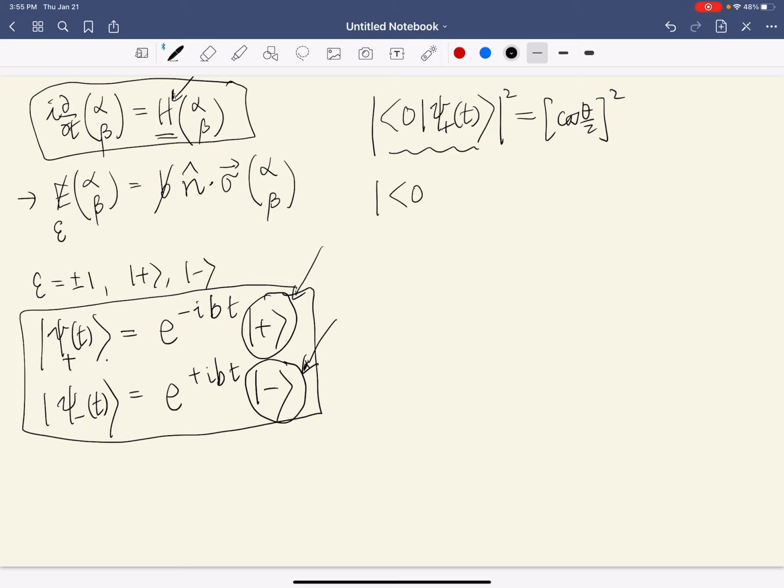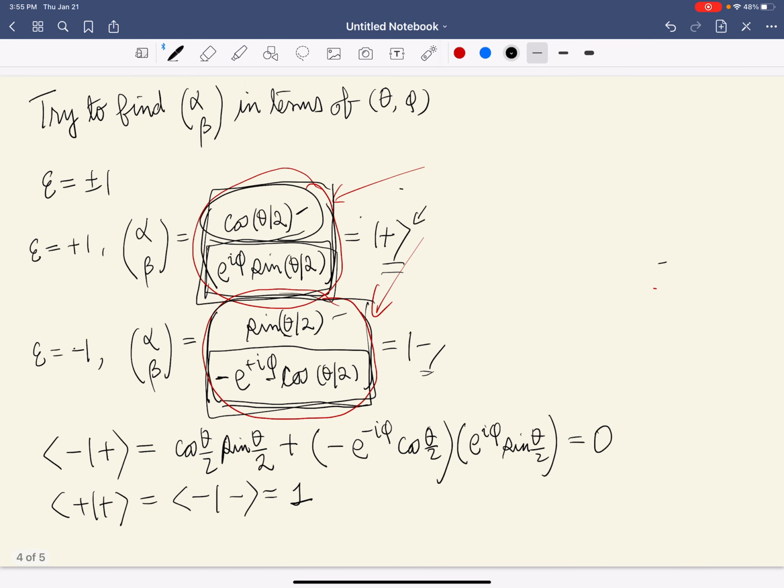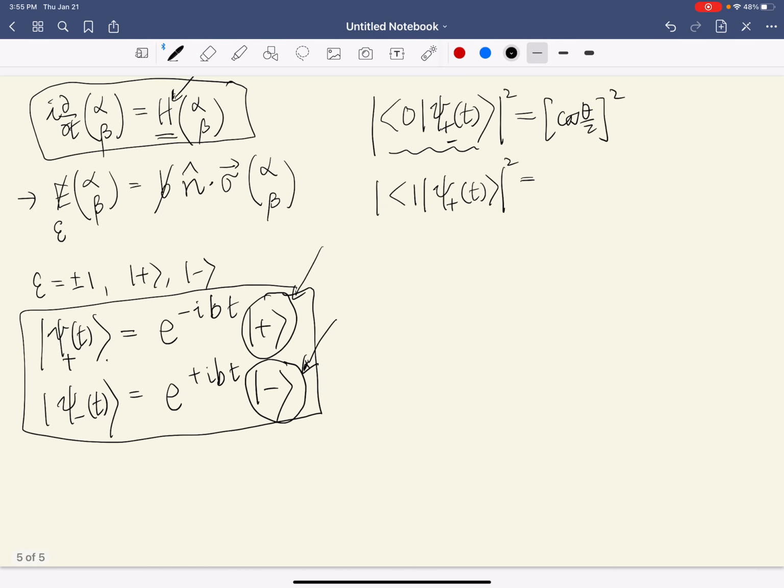And now similarly, the probability that this eigenstate psi plus be found in the basis state 1 is going to be the absolute value squared of this, so that's going to be sine half theta squared.